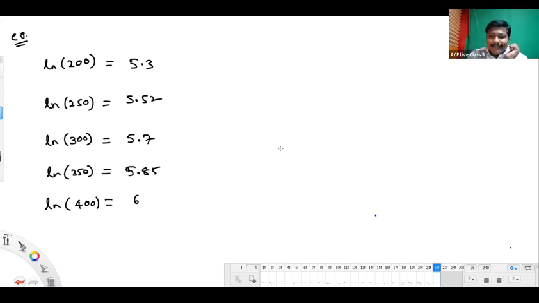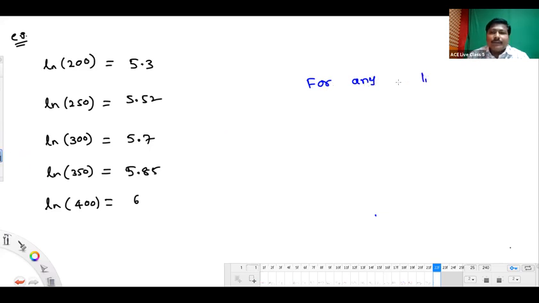So for any transmission line, inductance value will be in the range of 1 to 1.2 millihenry per kilometer.